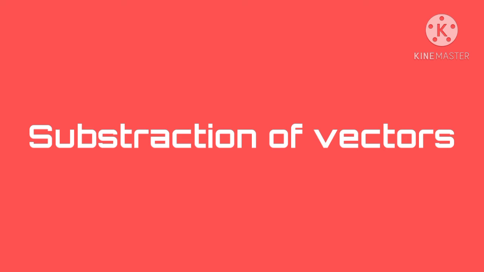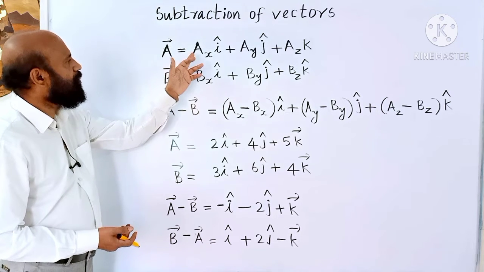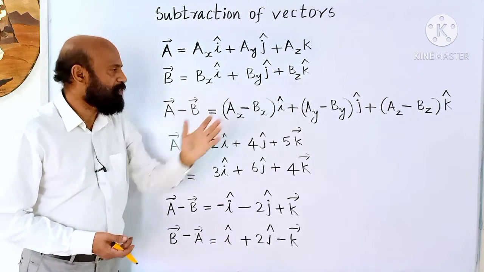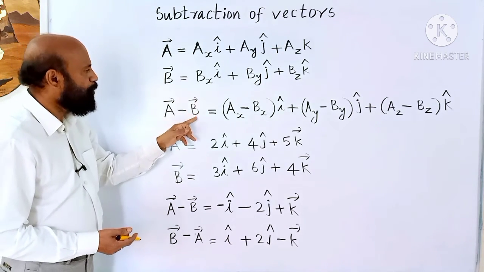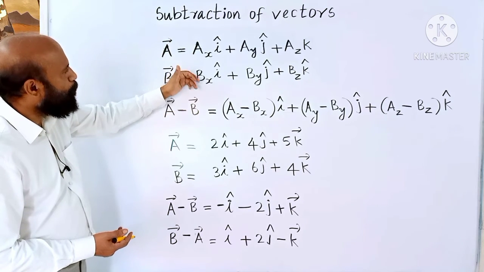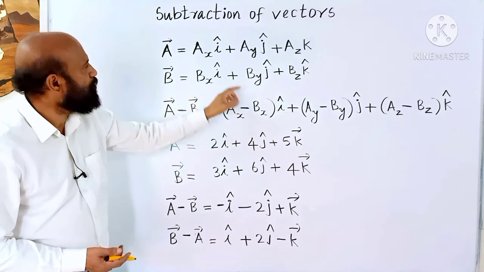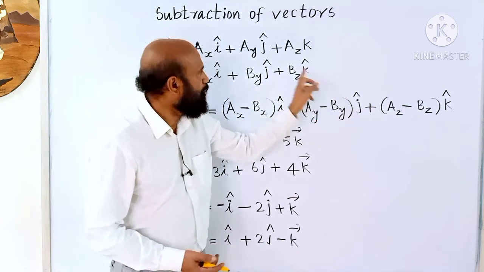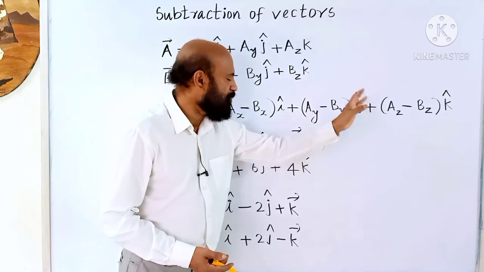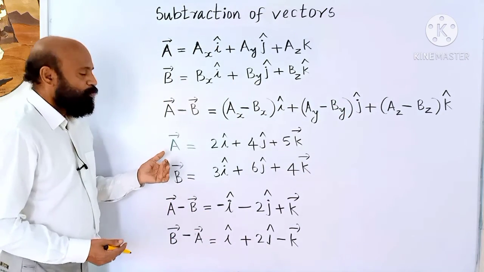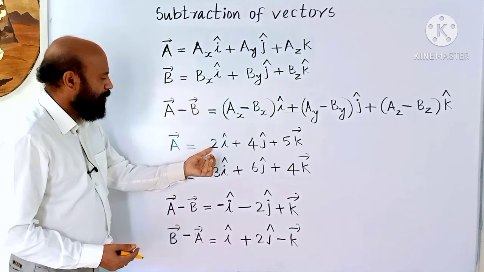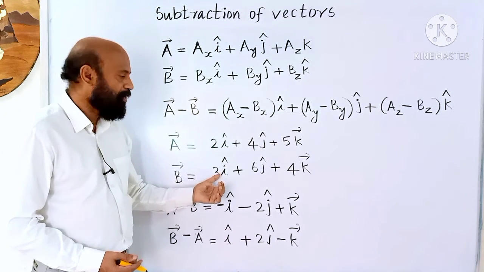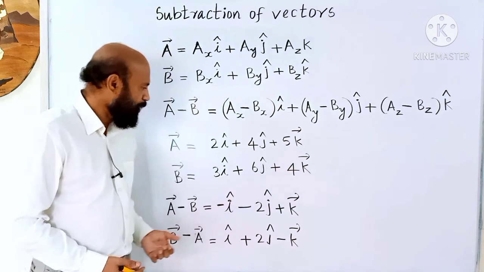Subtraction of vectors using components. A vector ax i plus ay j plus az k, B vector bx i plus by j plus bz k. Now A minus B vector, you have to subtract the corresponding components: ax minus bx i plus ay minus by j plus az minus bz k. One example: A is 2i plus 4j plus 5k, B vector is 3i plus 6j plus 4k.